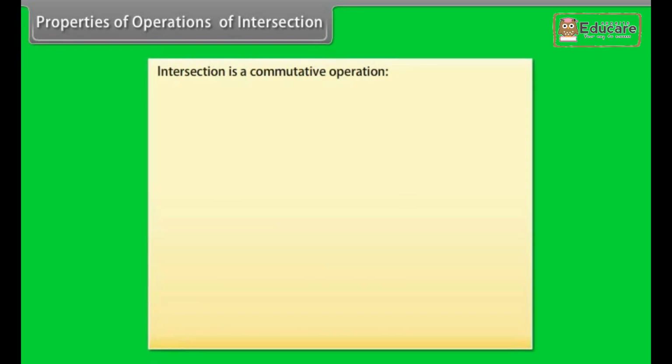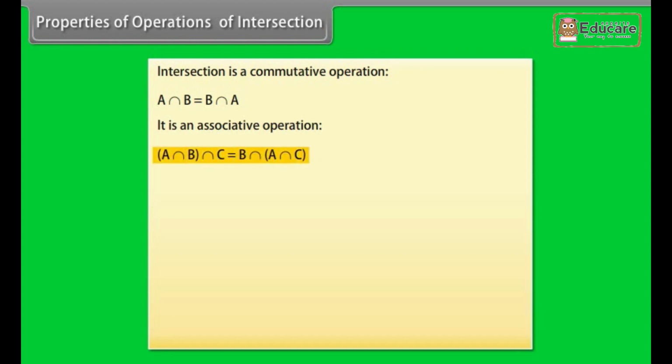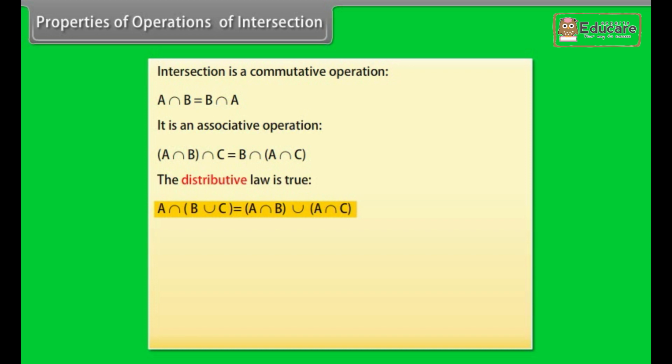Properties of the operation of intersection. Intersection is a commutative operation: A intersection B is equal to B intersection A. It is an associative operation: A intersection B intersection C is equal to B intersection A intersection C. The distributive law is true: A intersection (B union C) is equal to (A intersection B) union (A intersection C).